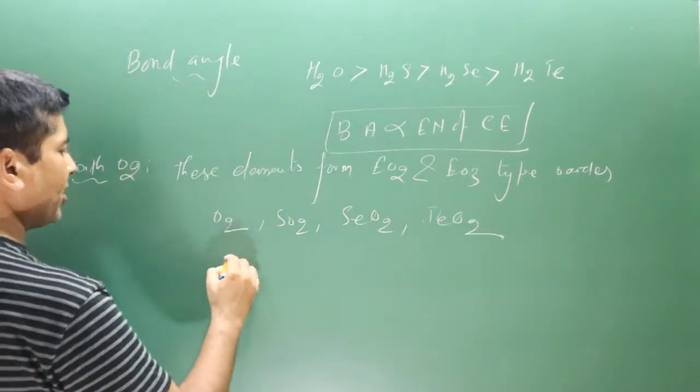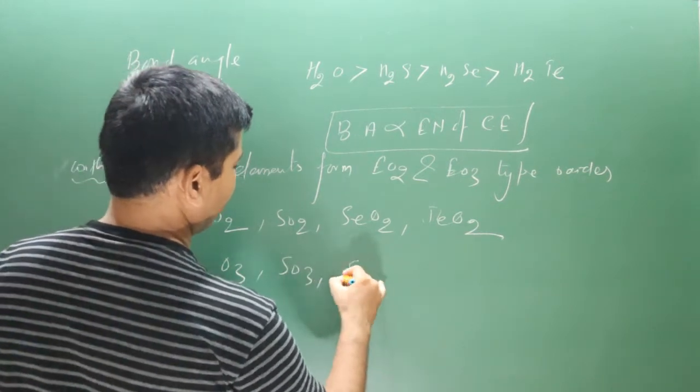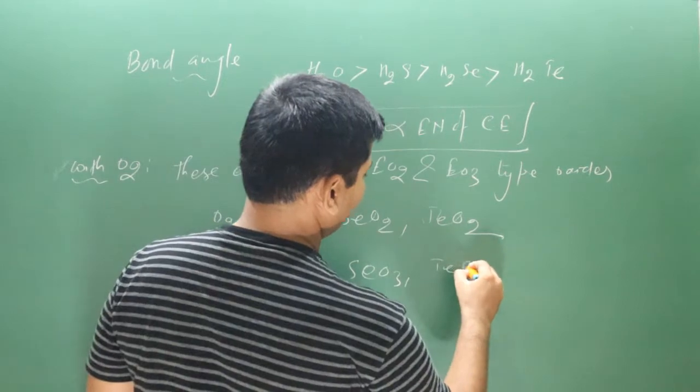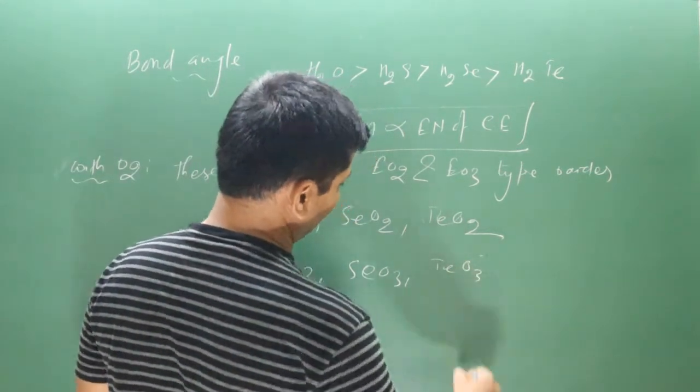Then we have trioxides: O3 ozone, SO3, SeO3 and TeO3. So in general they form dioxides as well as trioxides.